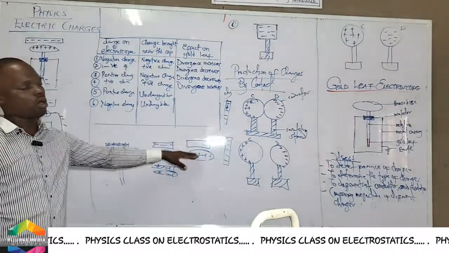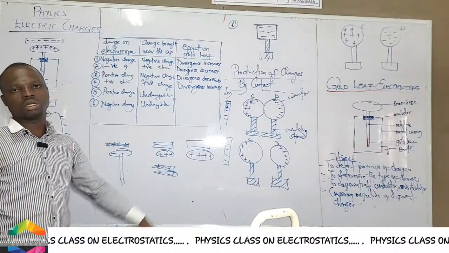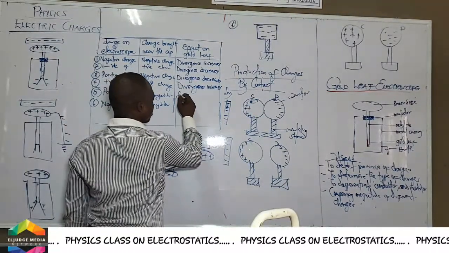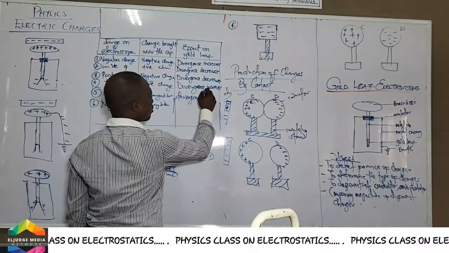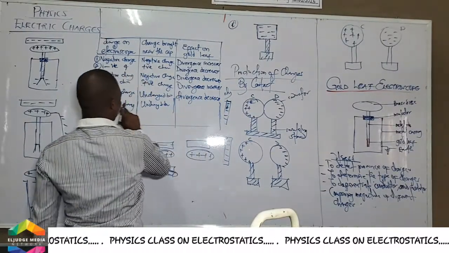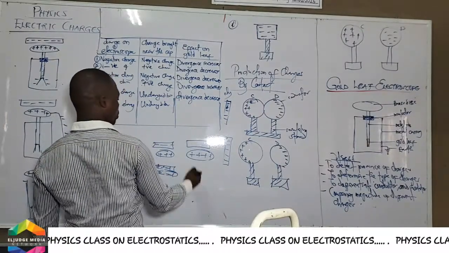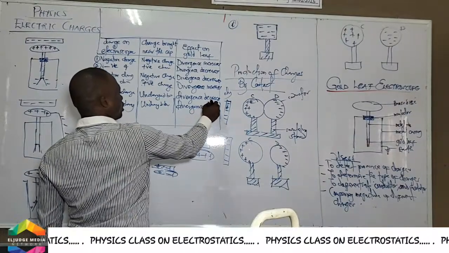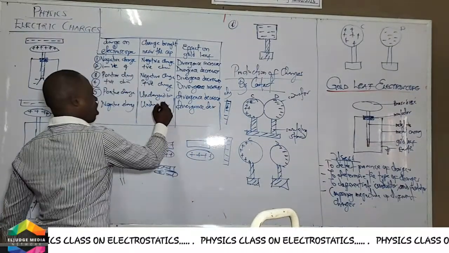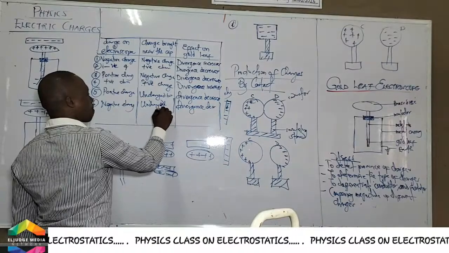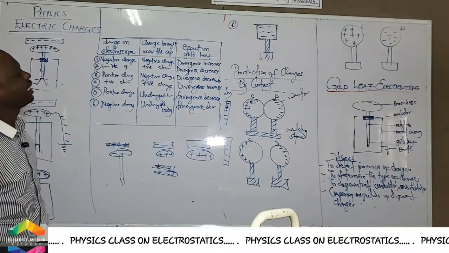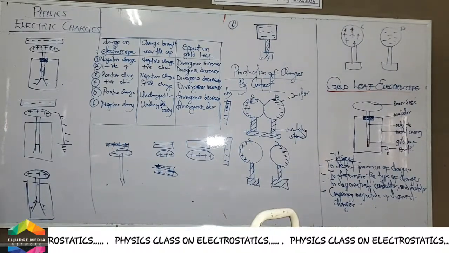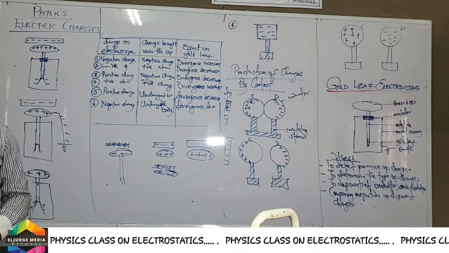The charges can be rubbed onto this, thereby the divergence decreases. Also, for negative charge, the divergence decreases because it's losing some charges to the uncharged body. And this is the summary of the effect of charges brought near the gold leaf of an electroscope.